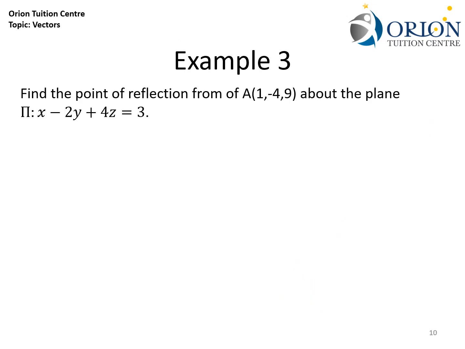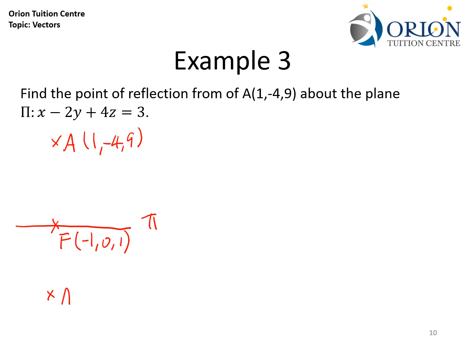In example 3, we are asked to find the point of reflection of point A (1, -4, 9) about the plane pi. First we have to find the foot of perpendicular, which we found earlier, (-1, 0, 1). Based on A and F, we can find A prime.